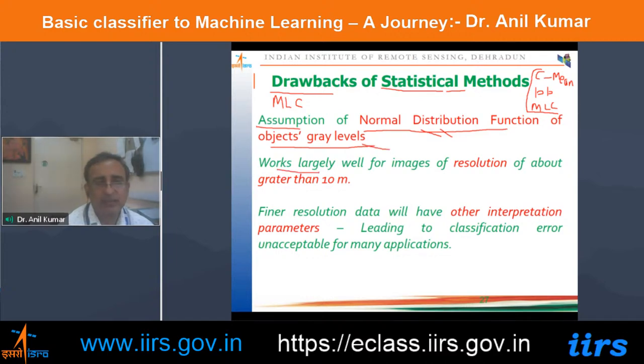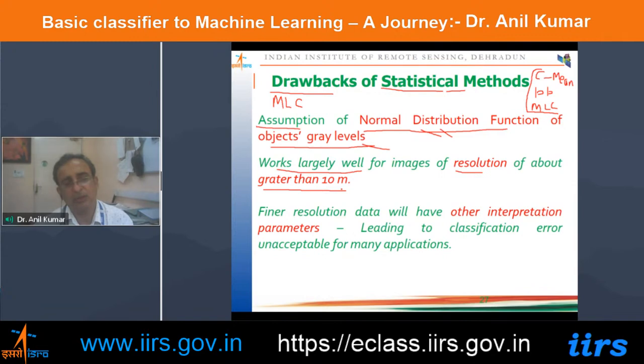Secondly, it works largely well for images of resolution greater than about 10 meters. So if you have medium to coarser pixel size images, these algorithms will work fine, because they are using only the color information.